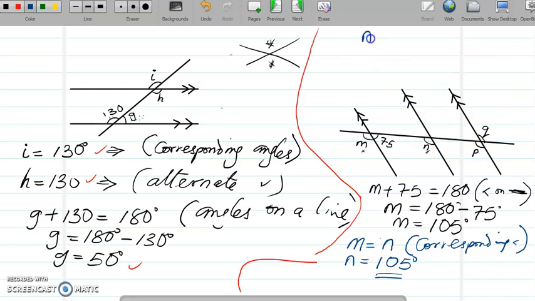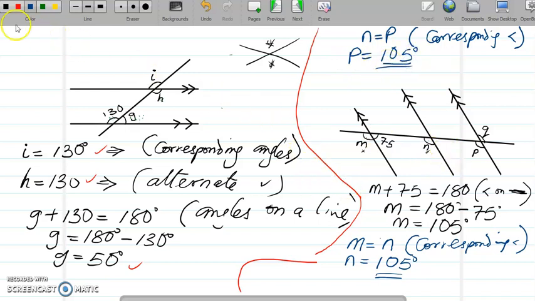So N is equal to P. Reason, they are corresponding angles. So since N is 105, P also will be 105 degrees.